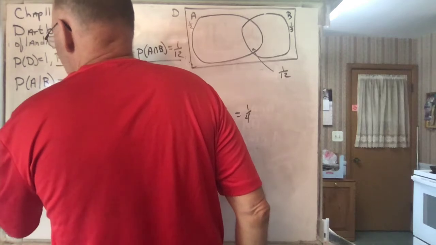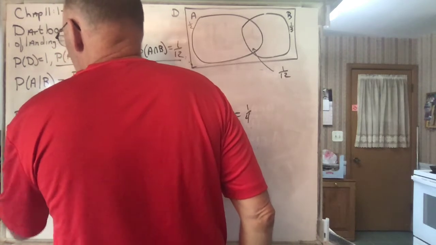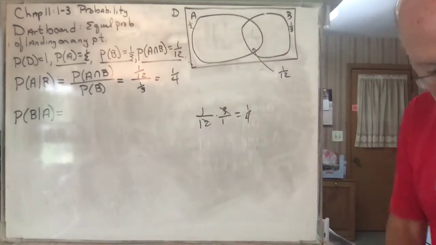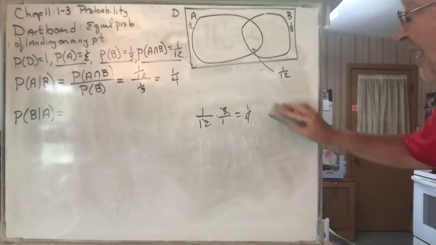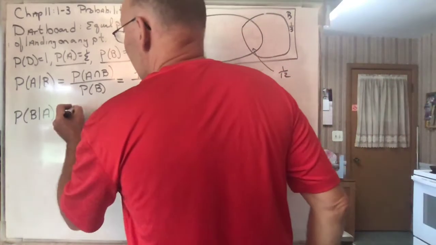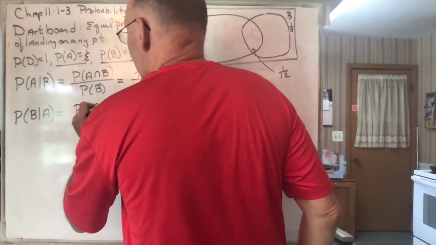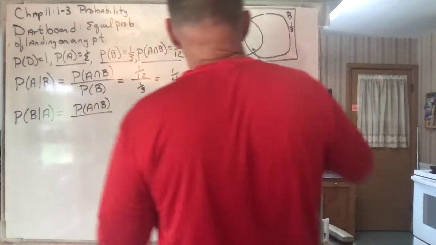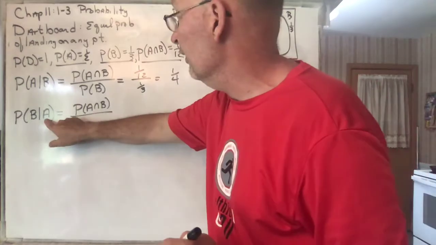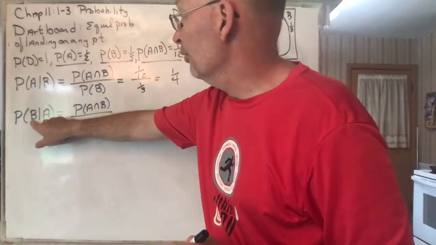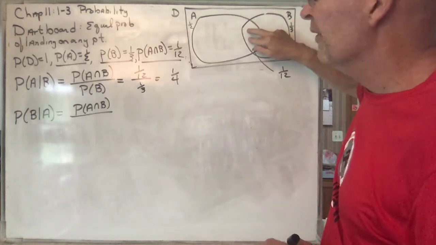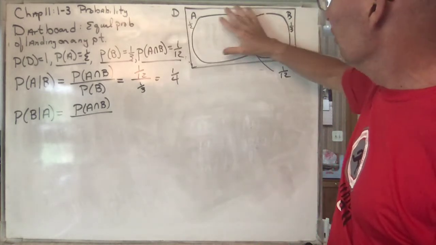What's the probability that you're in B, given the fact that I've already told you that you're in A? Well, we'll do it the same way. Again, we want to know the probability that you're in both of them, that you're in here. Because we're assuming you're in A, and now we also want to assume that we've hit B. But what's your whole world?